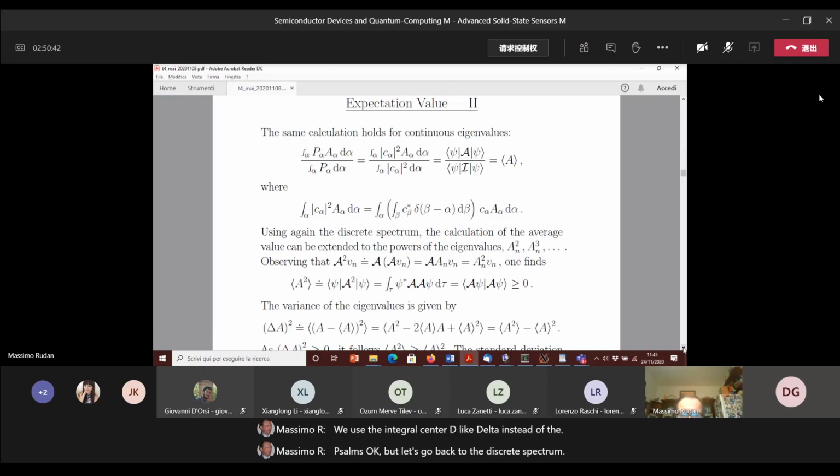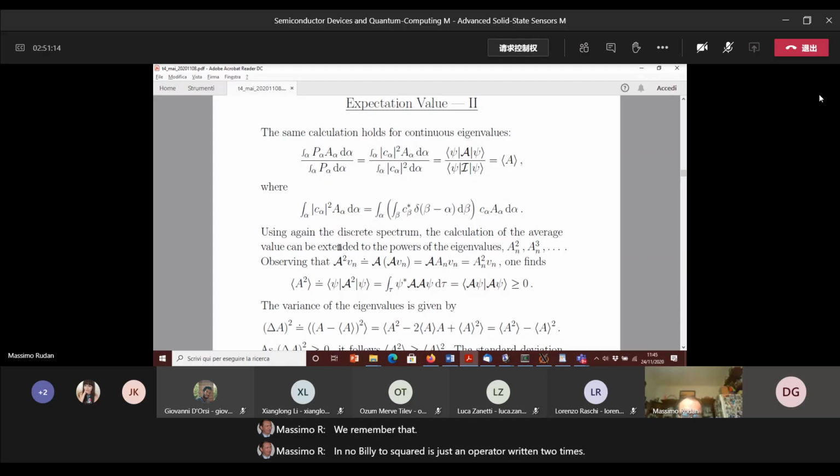We may also decide to calculate the average of the squared eigenvalues, the eigenvalues to the third power, whatever we like. We can take the average of any power. So for instance, if we want to deal with a square, we remember that an operator squared is just an operator written two times.